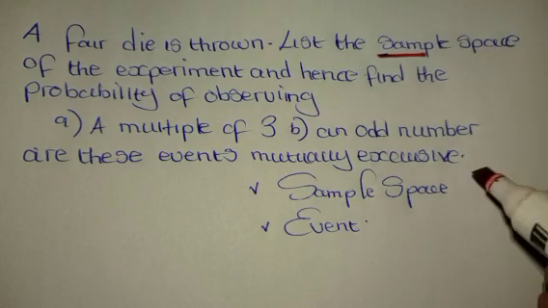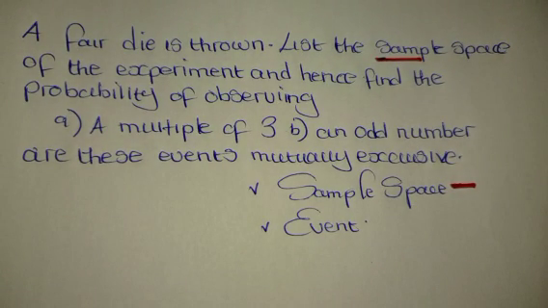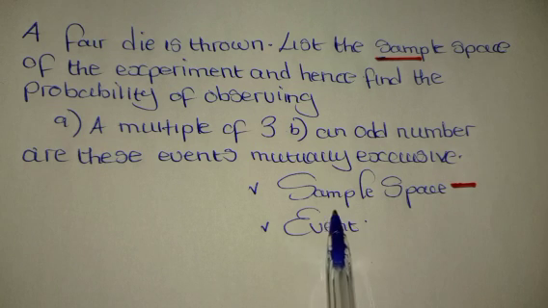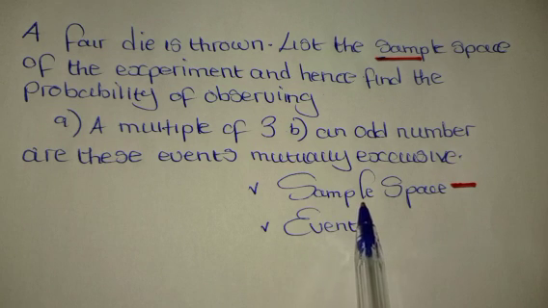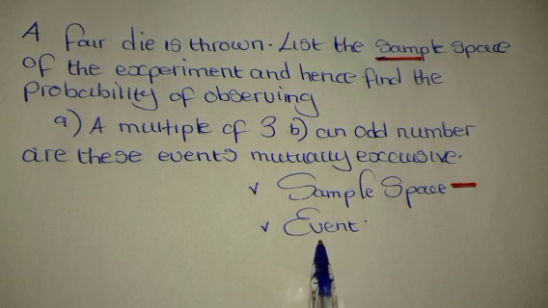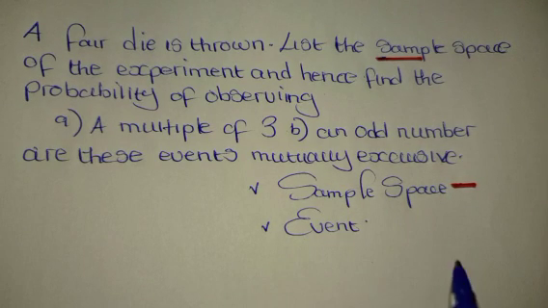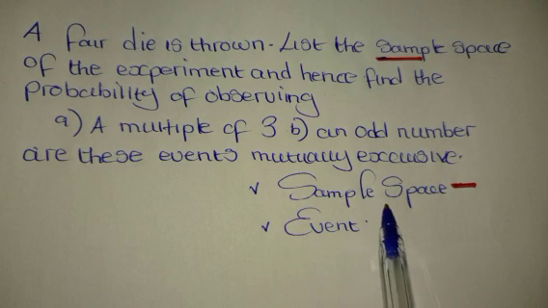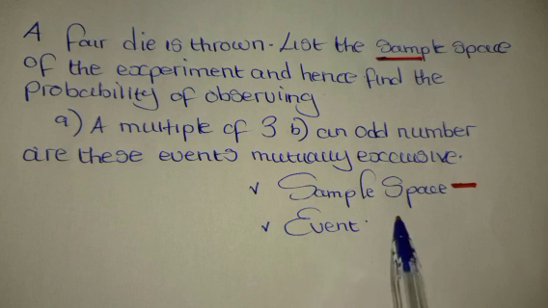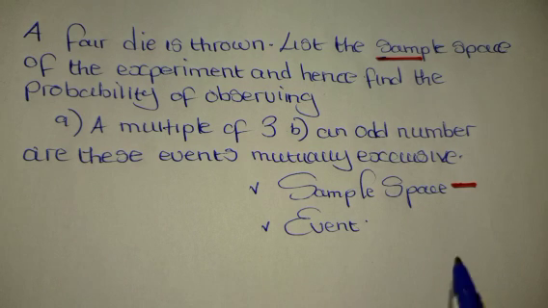A sample space is simply the total number of outcomes you get from an experiment, while an event is a subset of a sample space.